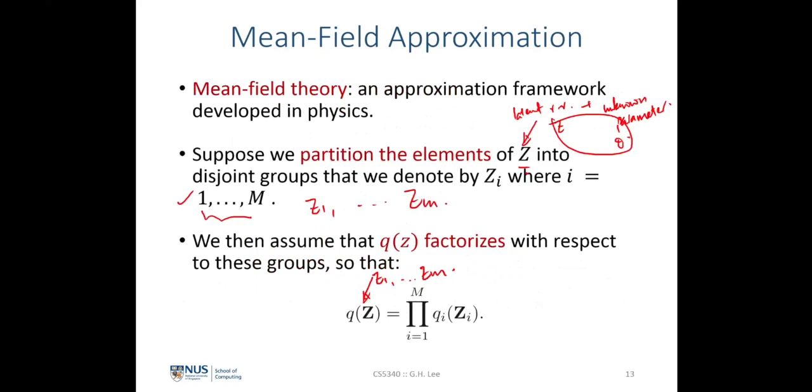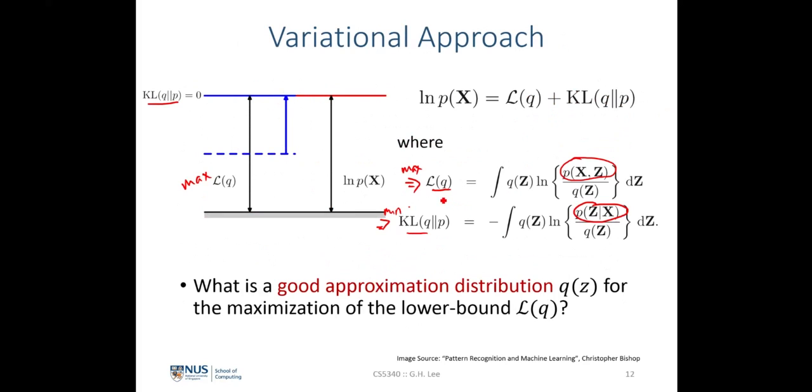So what this means is that if we look back at this particular expression, we are going to maximize the lower bound with respect to Q. And since we have followed the mean field approximation by simply writing Q(Z) as the product of the disjoint factors Qi(Zi), we are going to plug these terms in to replace Q(Z), such that we do the maximization of the lower bound with respect to the individual distributions over the disjoint groups of random variables, the Qi(Zi)s.